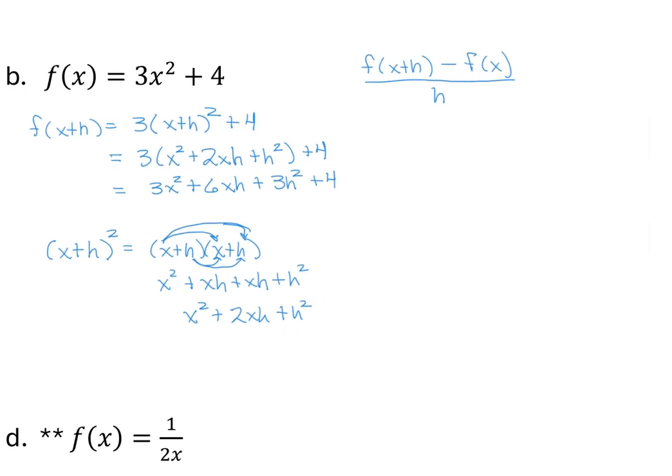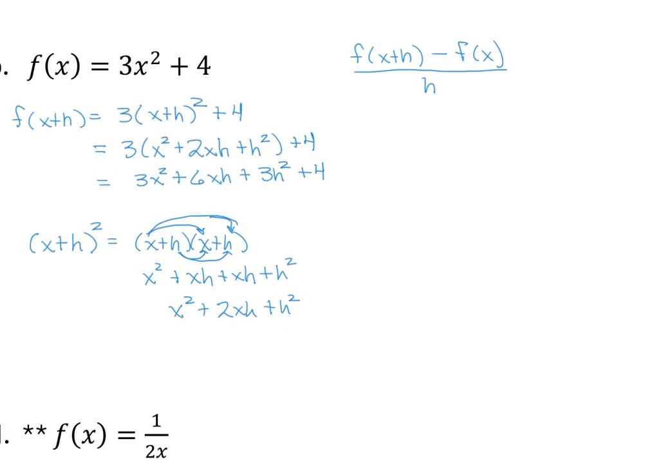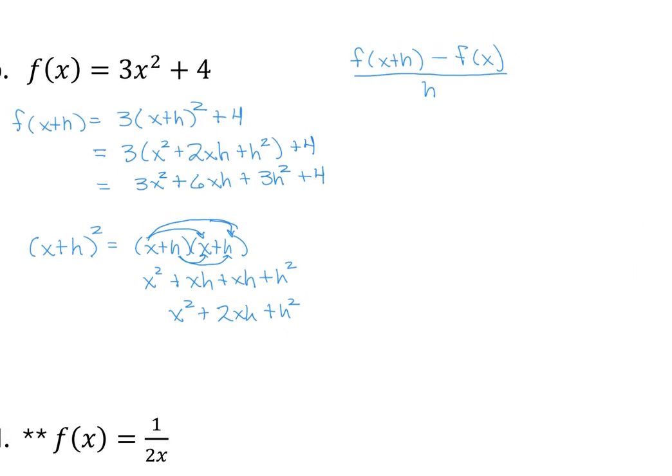All right, we're going to go ahead and plug this into our fraction. So f of x plus h was 3x squared plus 6xh plus 3h squared plus 4. And now we want to subtract f of x. So I don't have to write this a bunch of times. Remember, we do want to distribute the negative.